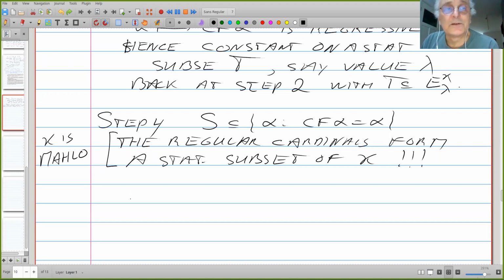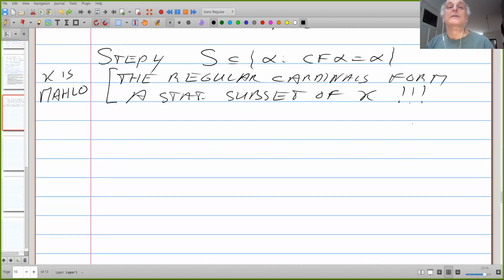But Mahlo cardinals are weakly inaccessible for sure, because as you will see in the group interaction, the set of limit cardinals below an inaccessible cardinal, for example, they form a closed and bounded set. So the successor cardinals are not stationary. That means that all these things will be regular limits. So there are very many regular limits already below kappa, and that makes kappa already quite big.